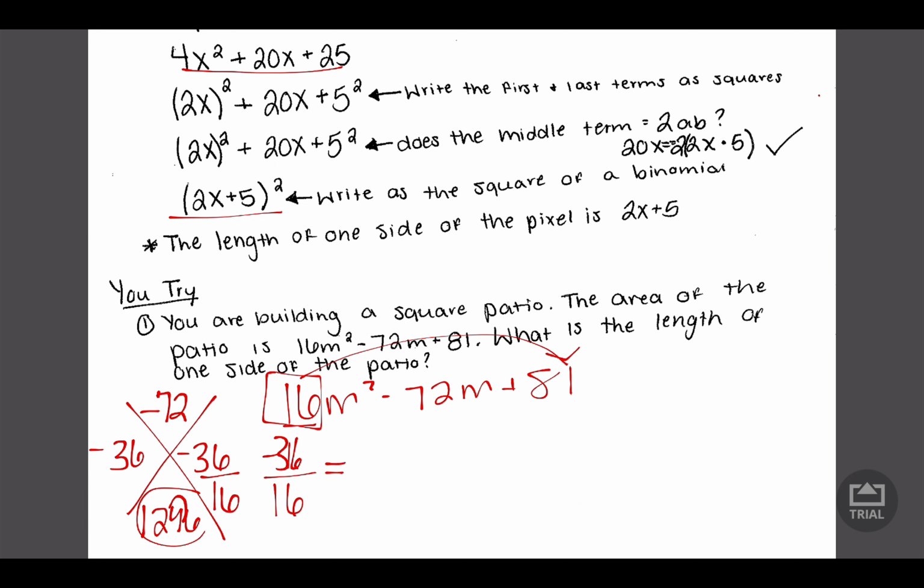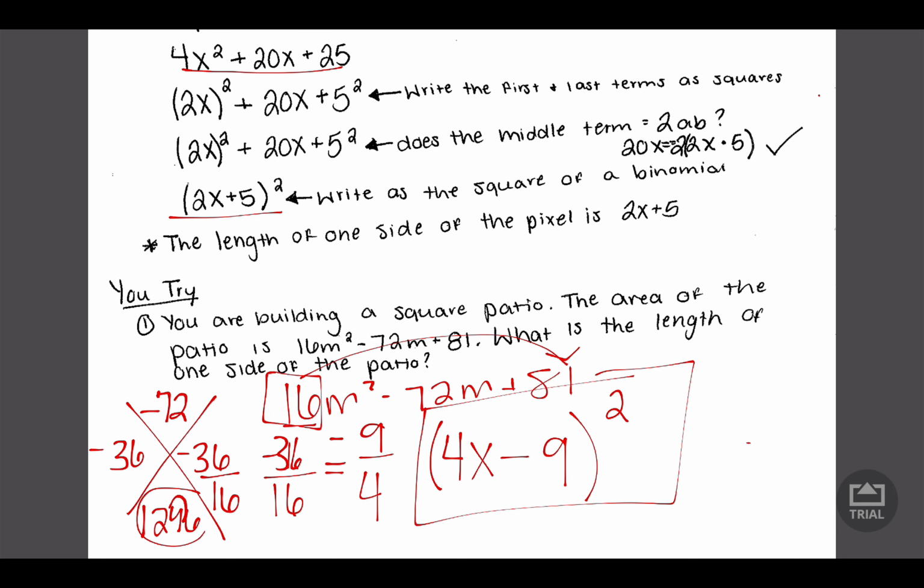Negative 36 over 16 reduces to negative 9 over 4. And when you write it out, the bottom number goes in front of the x, and the other number goes next. So 4x minus 9, and it's squared because it'd be times itself.